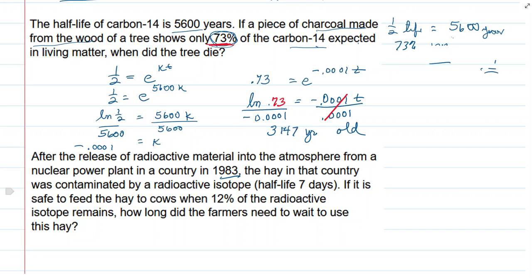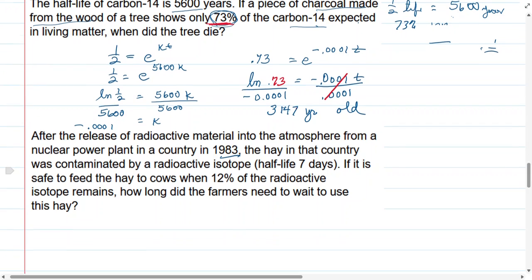It is safe to feed the hay to cows when 12% of the radioactive isotope remains. How long did the farmers need to wait to use this hay? I wouldn't use it. Oh my God, what a terrible problem.